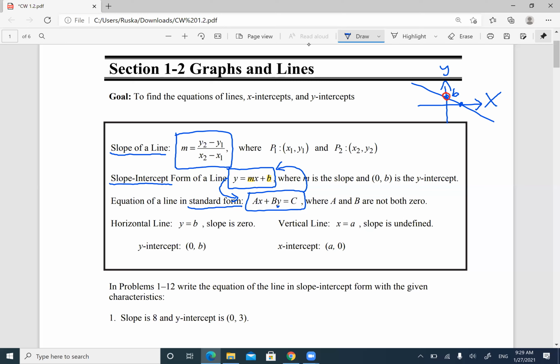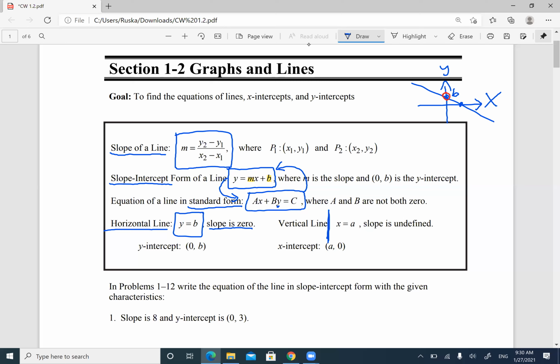Now, the horizontal line and the vertical line have slightly different equations. A horizontal line looks like this. The slope is 0, keep that in mind, the slope is 0, and the equation is y equals a number. If you have a vertical line, it looks like this.